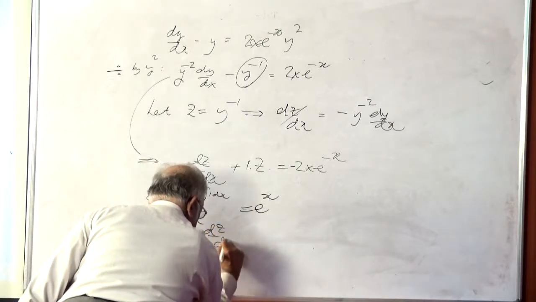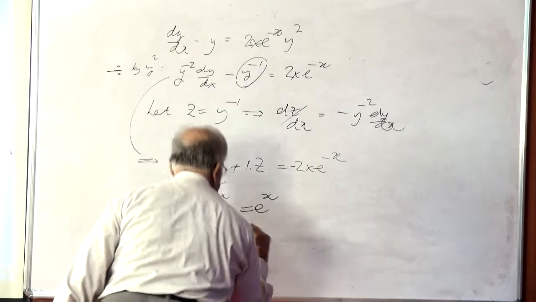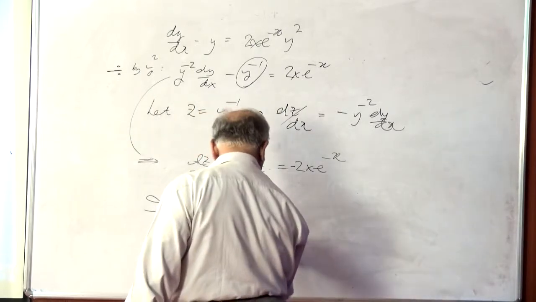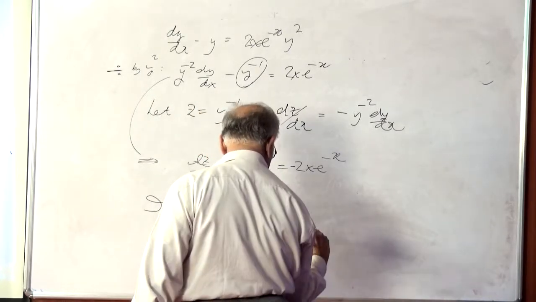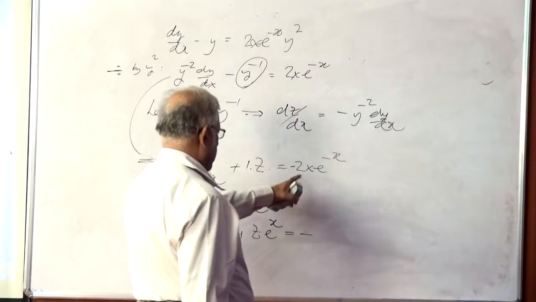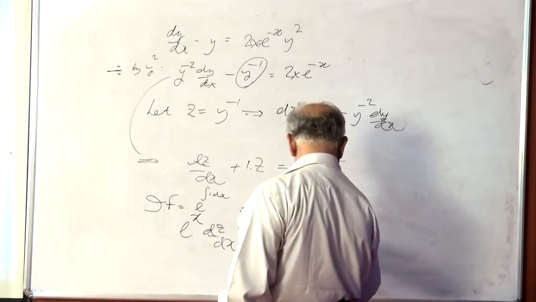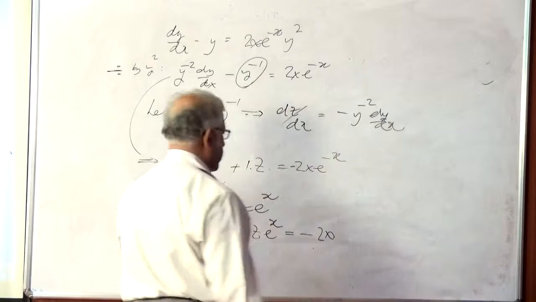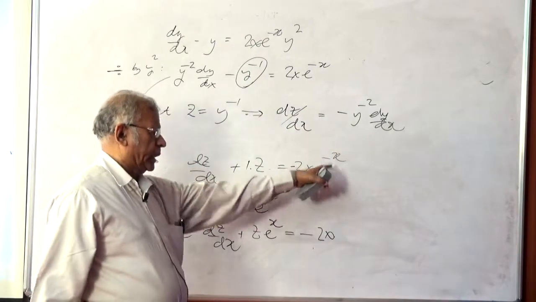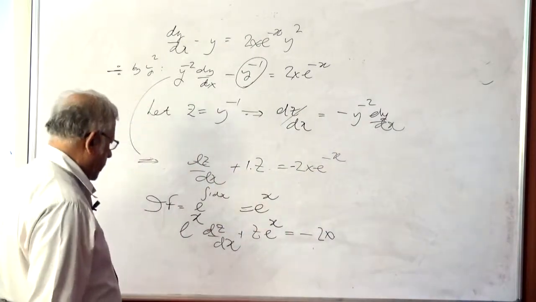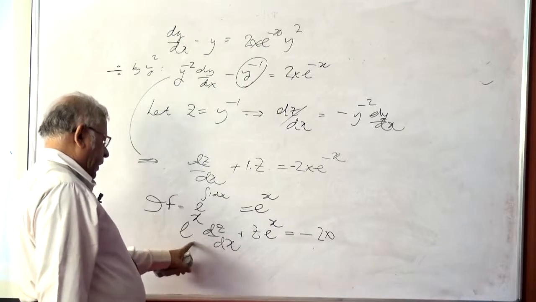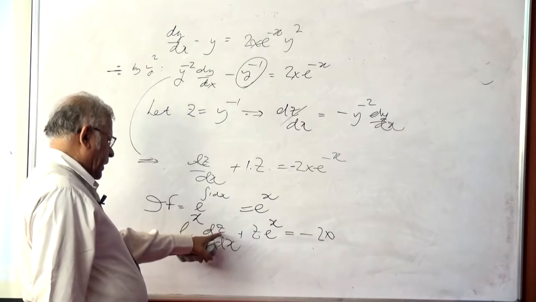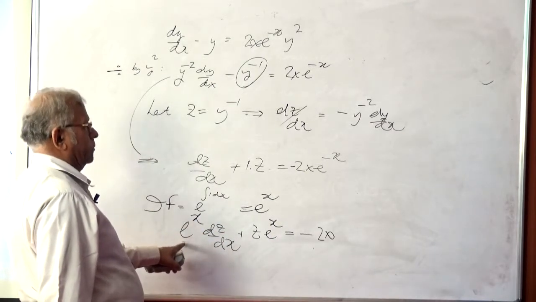dz dx plus z into e to the power of x is minus of 2x, because e to the power of x and e to the minus x annihilate each other. So on the left hand side we have the d dx of z times e to the power of x.